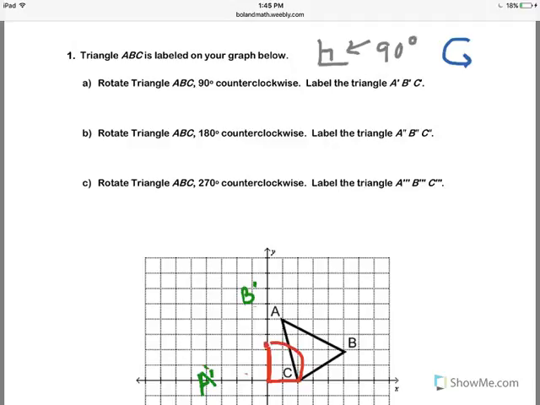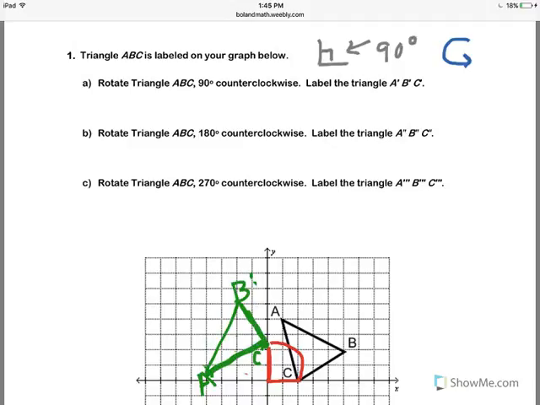So it'd be turned, and that's what its new coordinates would be. So now I have my new triangle.